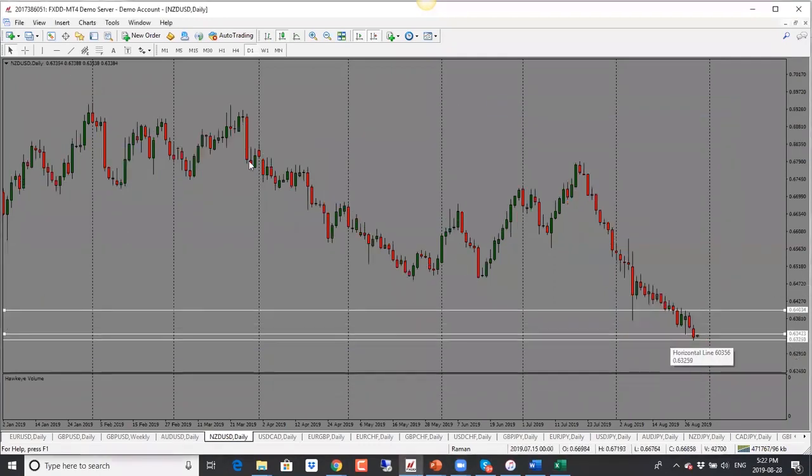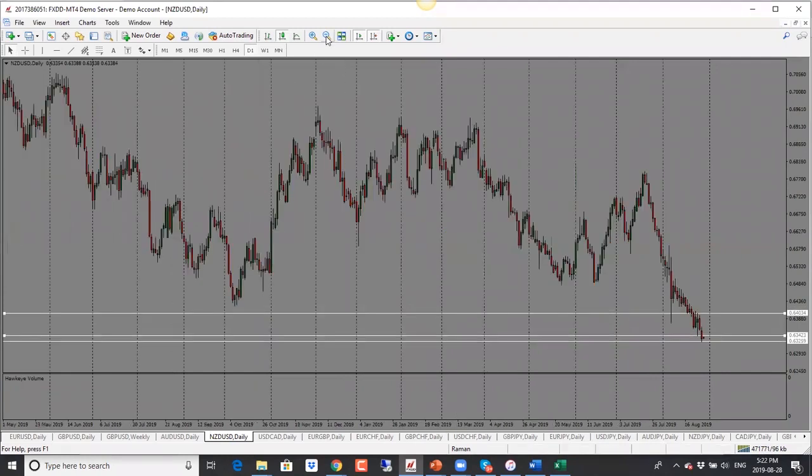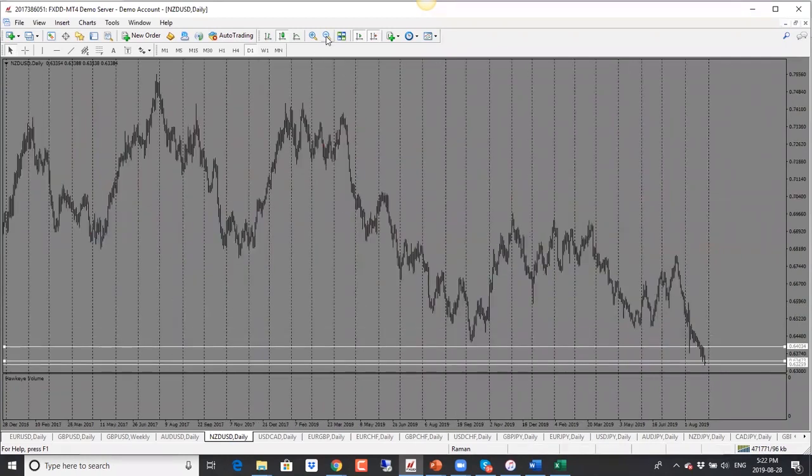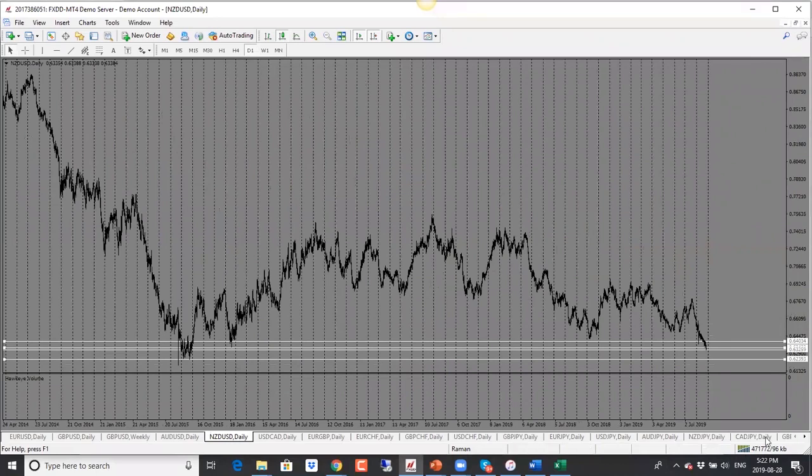New Zealand dollar here, this is bearish as well. We see that price has dropped here. So looking for it to drop further. And right now we do need to zoom out a fair bit here as price has moved down here into multi-year lows.